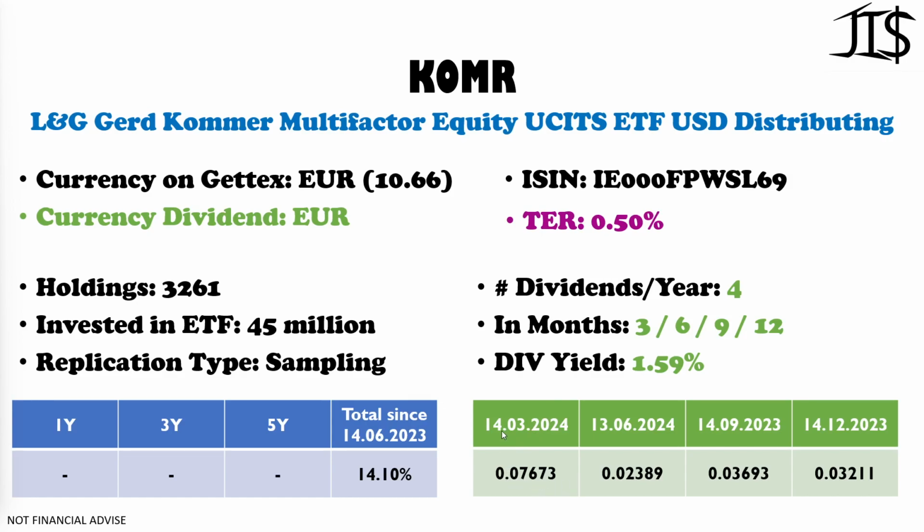Here actually it was in March where the distribution is quite a bit higher than the other distributions. So 3 months ago they had the highest distributions and distribution until now with 0.07673 euros. But as I said, 14.10%, it's not that great.